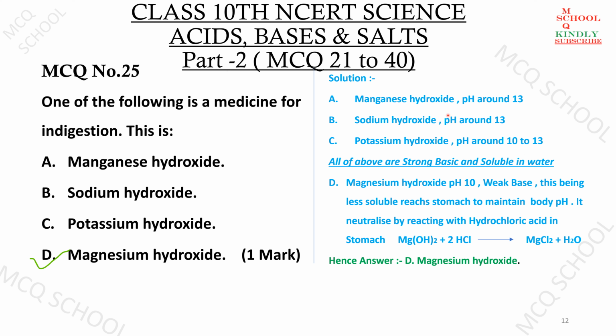So these are strong bases, and though they are soluble in water, the magnesium hydroxide whose pH is 10, a weak base, is very less soluble and reaches the stomach to maintain body pH. It is neutralized by reacting with the hydrochloric acid in the stomach. So the reaction of this is magnesium hydroxide plus HCl forms magnesium chloride plus water. So the answer is D, magnesium hydroxide.